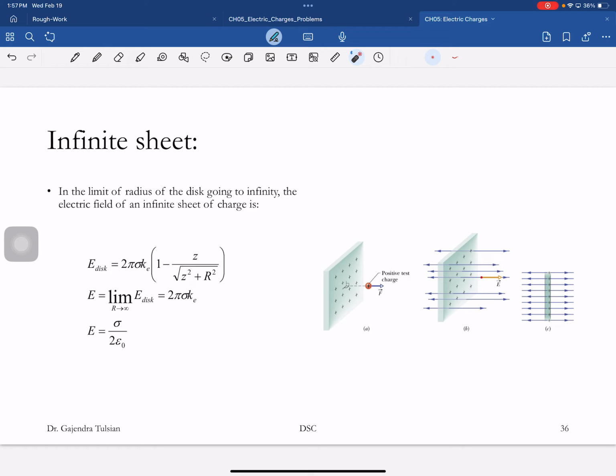It's the same in New York. It's the same in the next galaxy. If this sheet is infinite, in this half of the universe, it's pointing like that. In this half of the universe, it's pointing like that. The magnitude is the same everywhere. Amazing.